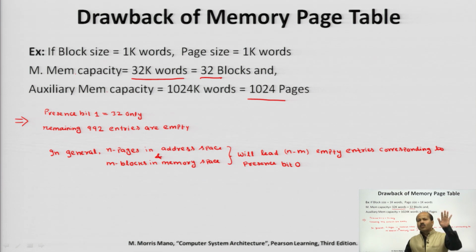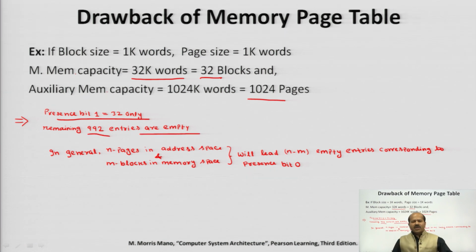At a time only 32 pages can reside in main memory, and corresponding to these pages the presence bit is 1. So only 32 entries are present, the remaining 992 entries are empty, and the page presence bit corresponding to these 992 entries will be 0. So these are empty spaces.